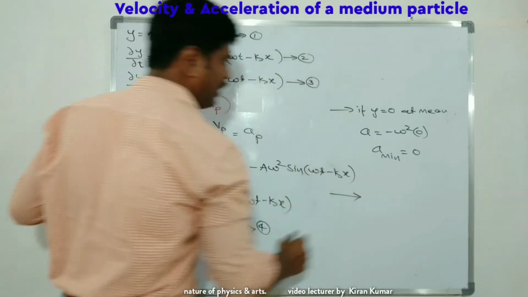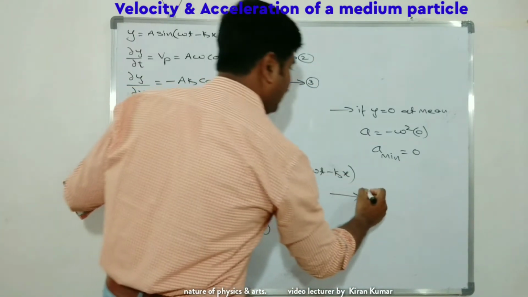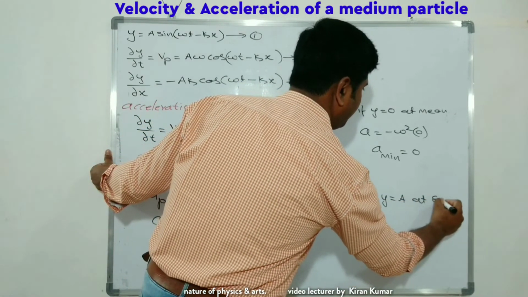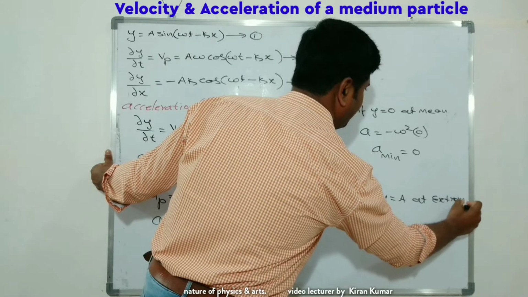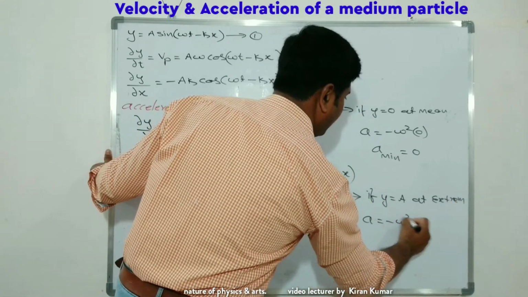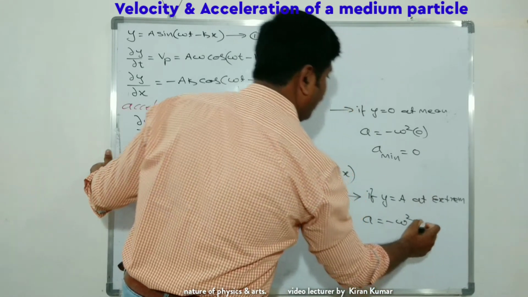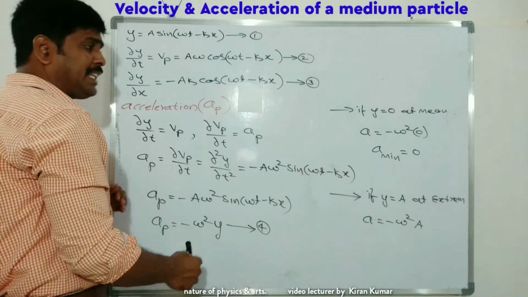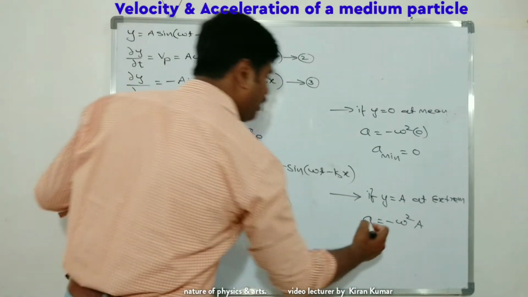One more condition we can take: if y is equal to a at the extreme position, then acceleration is equal to minus ω² into a, where y is equal to a, that is the maximum displacement of the particle from the mean position.